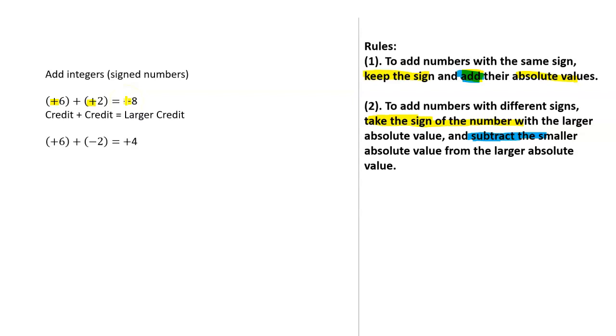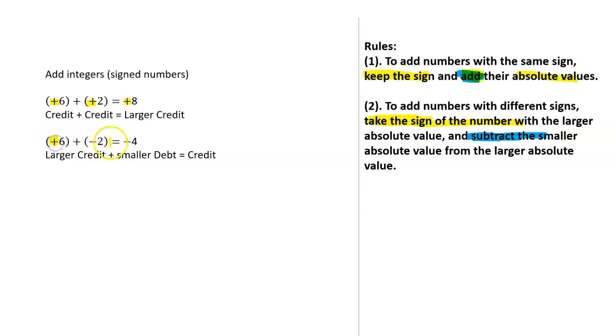Now, in the next case, when one is plus and the other is minus, it's like the credit plus debt case. Notice that credit is larger because 6 is larger than 2. So larger credit plus smaller debt equals still credit. That's why out of these two plus and minus signs, we pick this one because 6 is larger than 2.